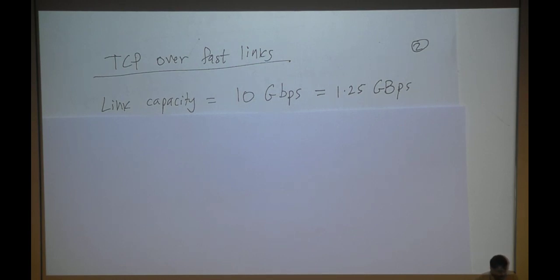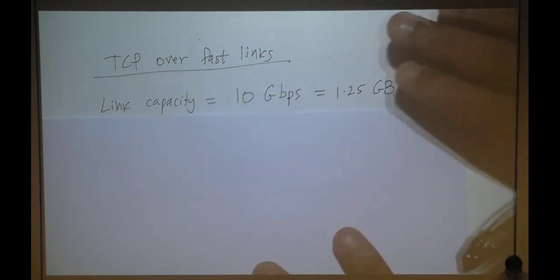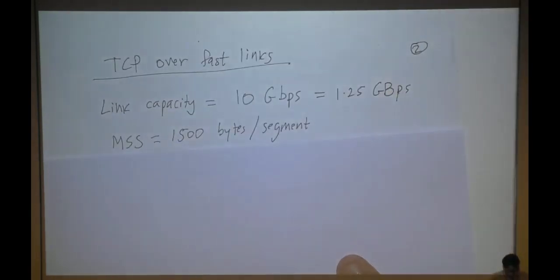The link rate, meaning the outgoing link rate, so I have a router that connects to another router, you can think of it as the data rate. The raw data rate on that link is 1.25 gigabytes per second. So it's a very fast link. Now I'm going to use TCP with a maximum segment size of 1500 bytes.